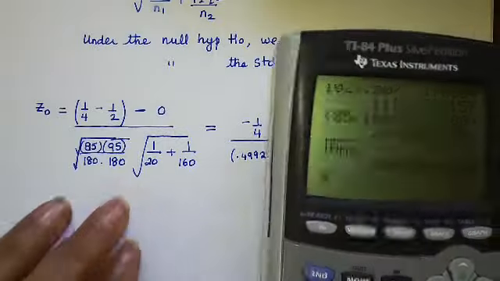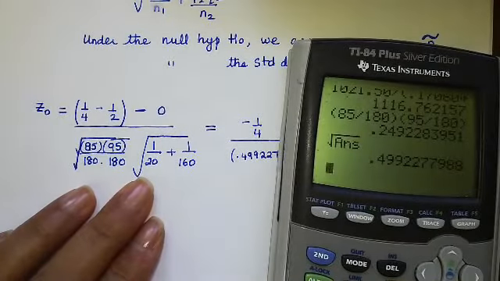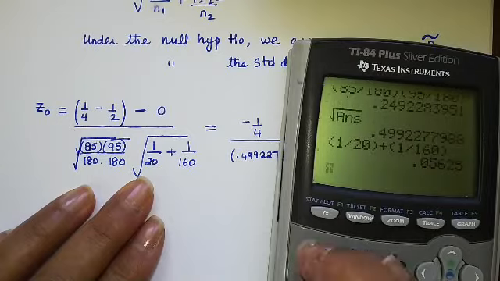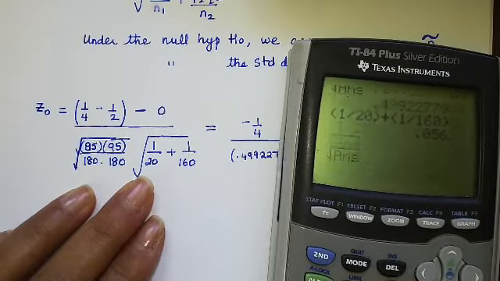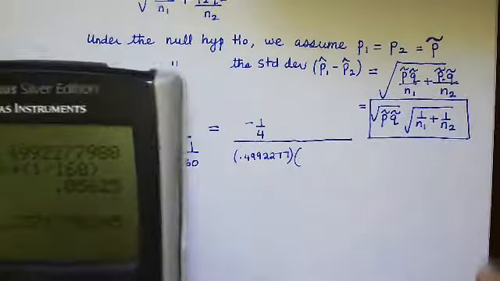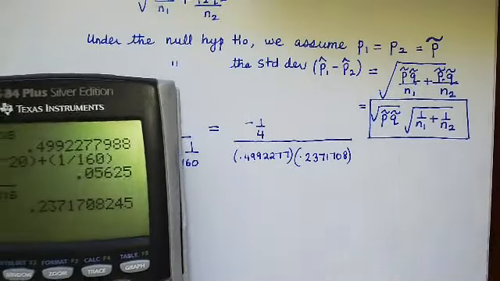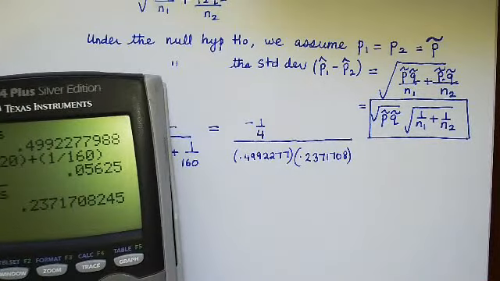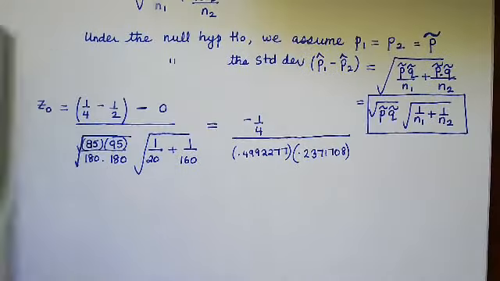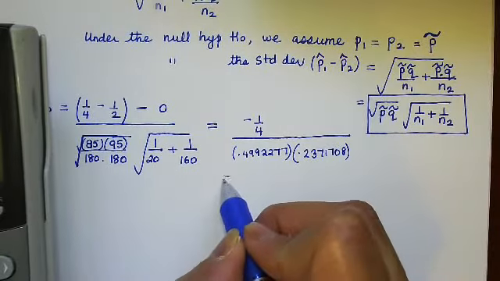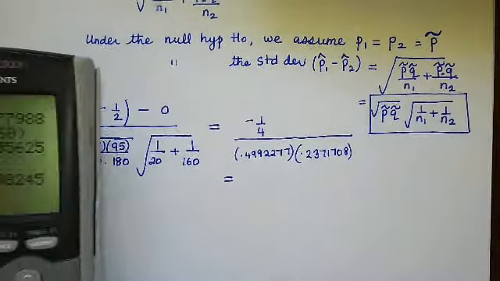So 0.4992277. Radical 1 over 20 plus 1 over 160. So 1 divided by 20 plus 1 divided by 160 and the square root of that. 0.2371708.